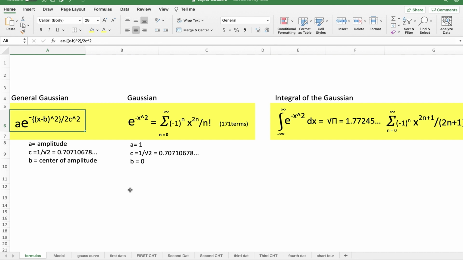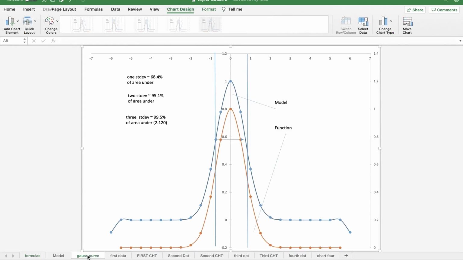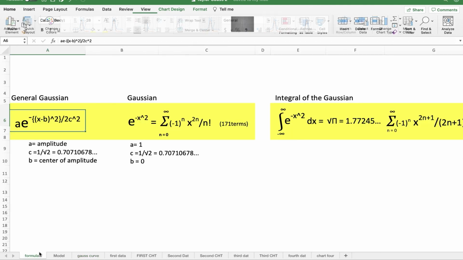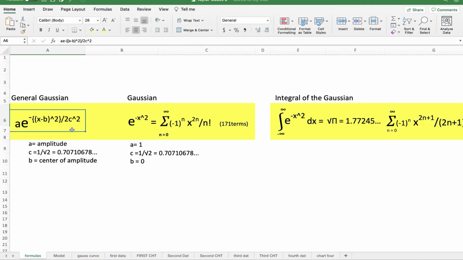And we'll take a look at that in a minute. This is an example of the Gaussian curve. And we'll talk about that a little more. Where in this formula, A is the amplitude or the height of the curve itself. C is the standard deviation.